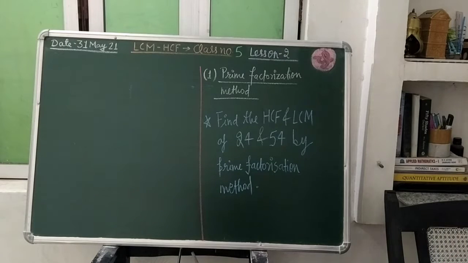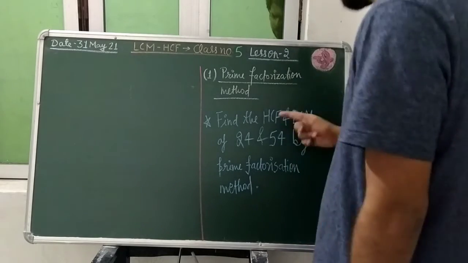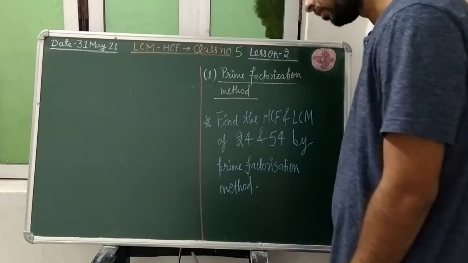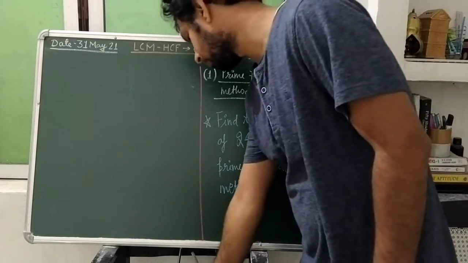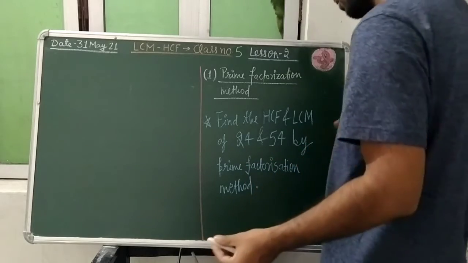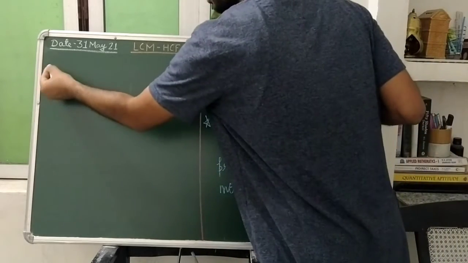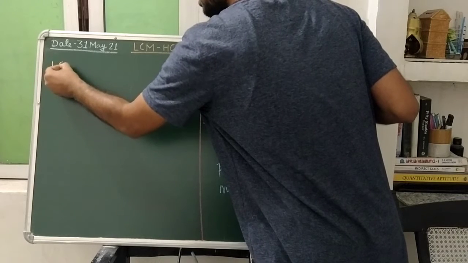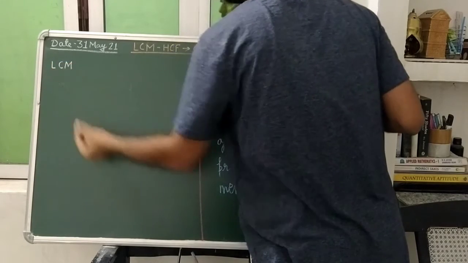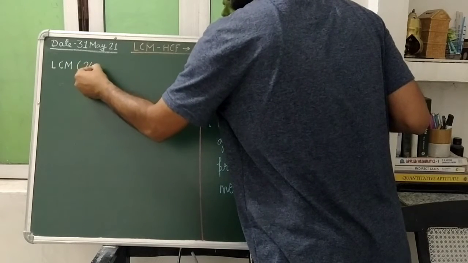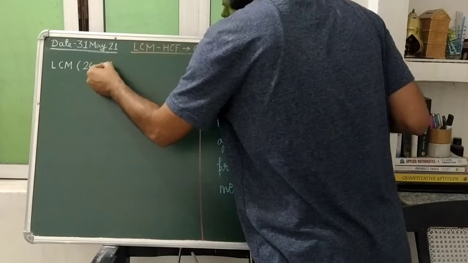So students, we want to know the HCF and LCM of 24 and 54 by the prime factorization method. So the question is, suppose first we are saying the LCM of 24 and 54.